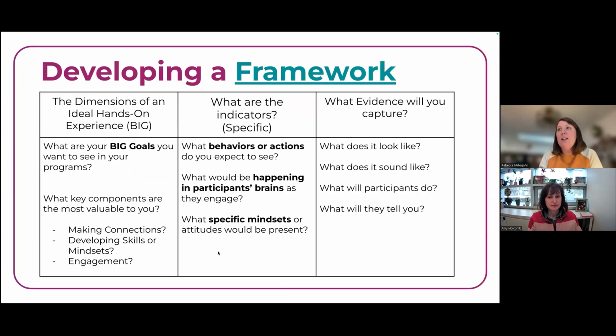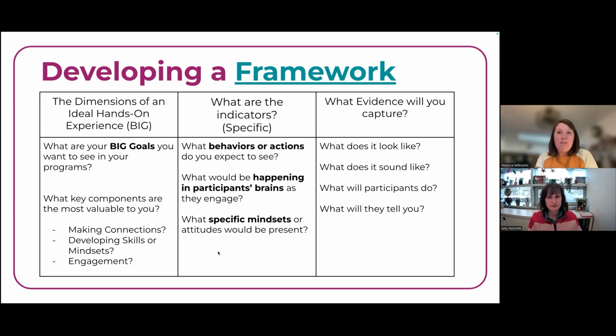And so we leaned on a bunch of different tools. This is a tool that we've modified and changed from PLA's Project Outcome, around developing an observational assessment tool. Thinking about your big goals: what do you actually want to see? What are the indicators, the specific behaviors, actions, and mindsets that you could observe or identify?